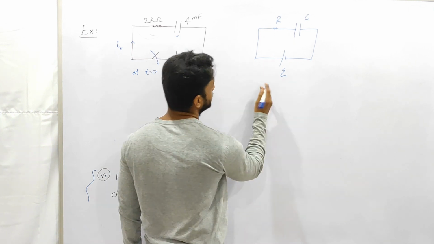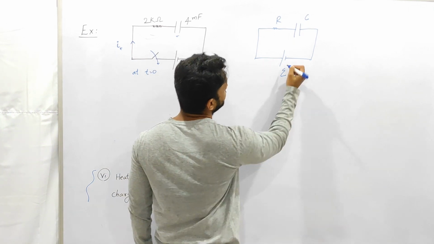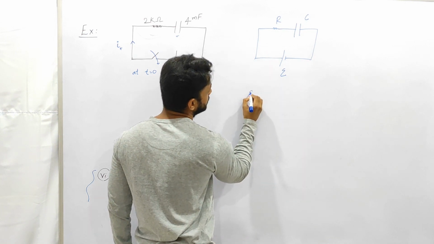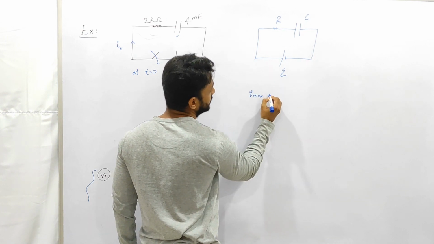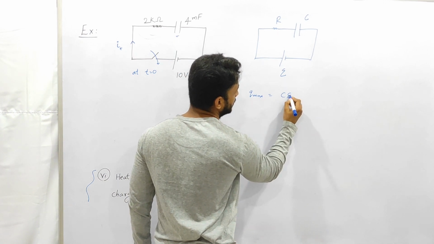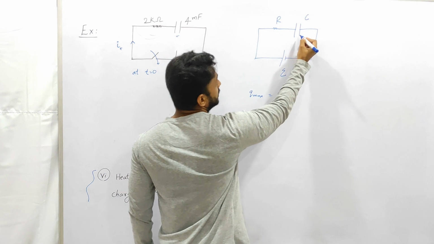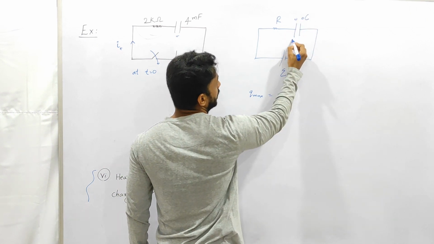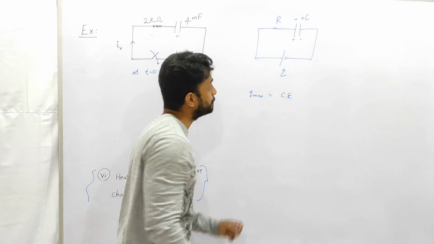How much is that? CE. So the Q max at steady state is equal to C times E. That means initially 0 charge, finally it got plus minus CE in this process.